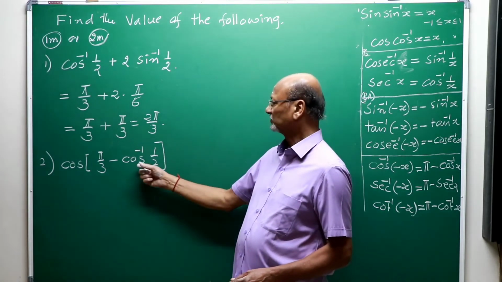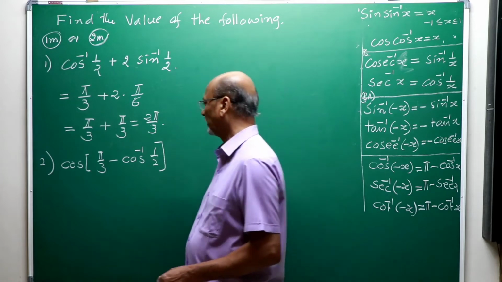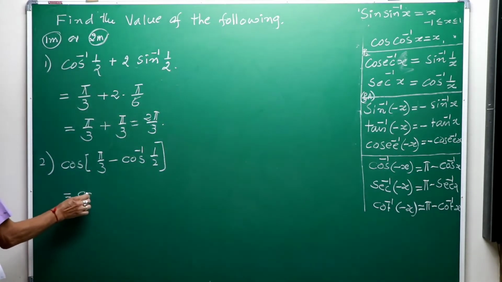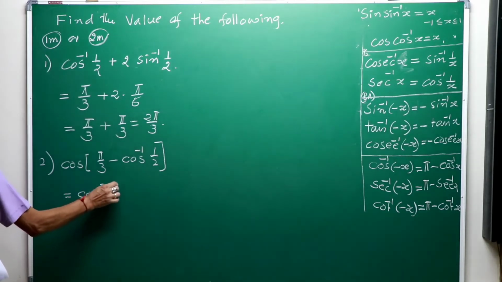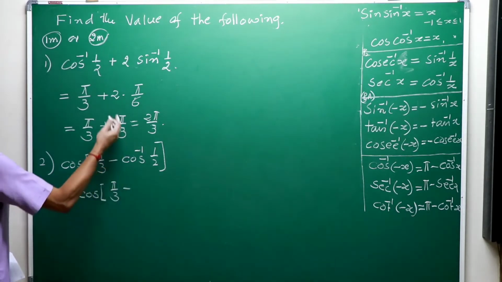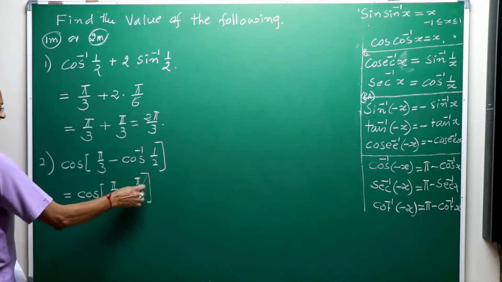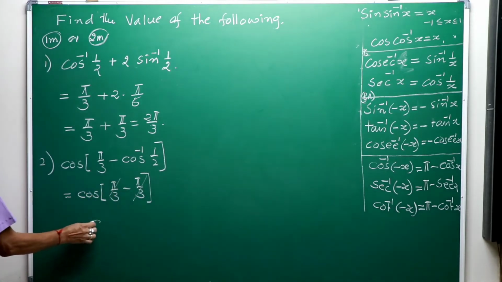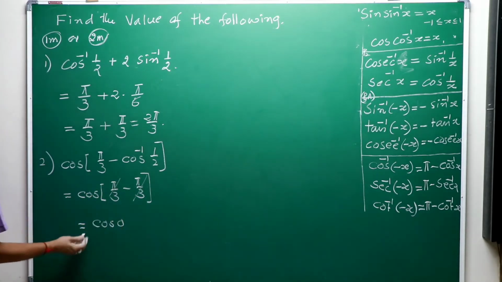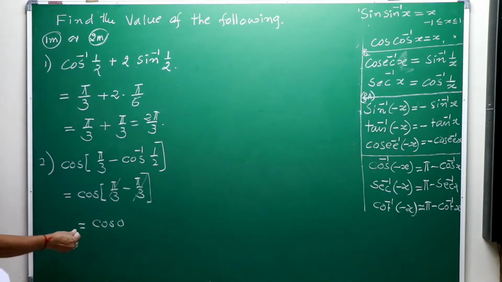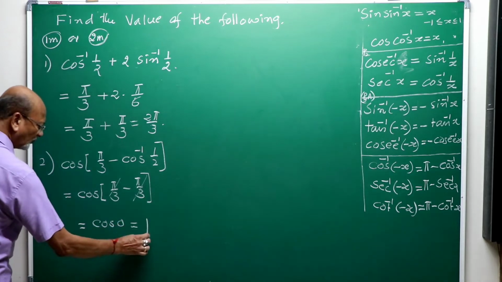Just put this value: cos of pi by 3 minus, again I told you, this is 60 degrees, pi by 3. They cancel, what remains? Cos 0. That is why in the first class I first gave values of trigonometric ratios of standard angles. They are all useful here. Cos 0 is 1.